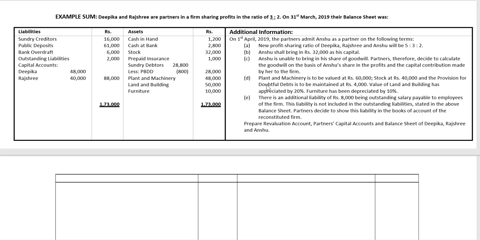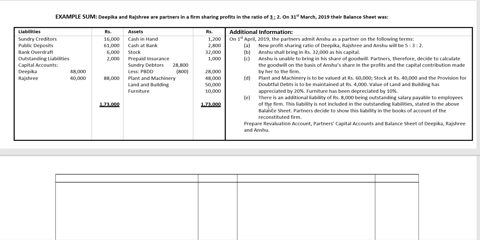Next point, plant and machinery is to be valued at rupees 60,000, stock at rupees 40,000, and the provision for doubtful debts is to be maintained at rupees 4,000. Value of land and building has appreciated by 20%. Furniture has been depreciated by 10%.